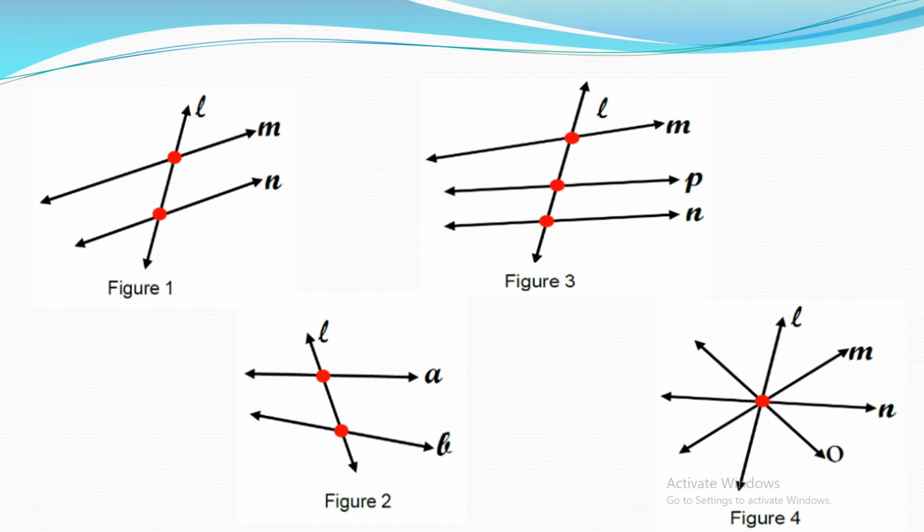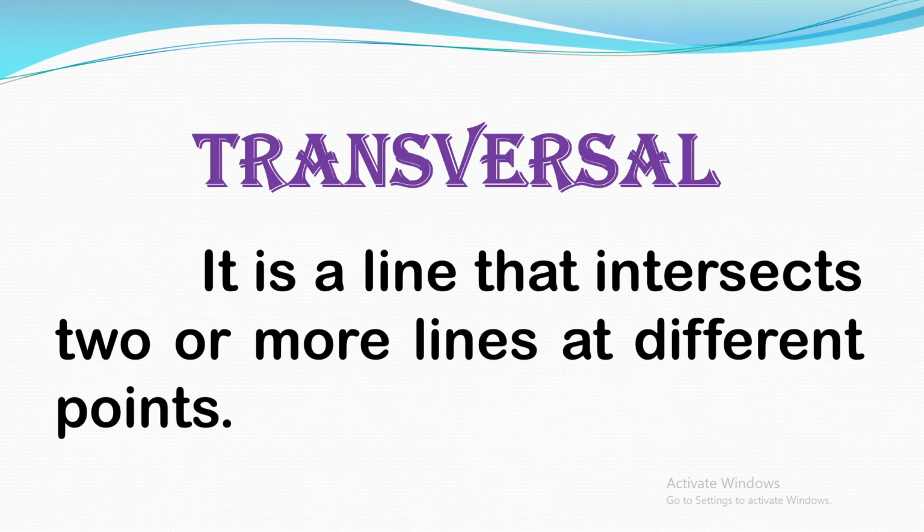Very good. It's not a transversal because it intersects the other 3 lines at exactly 1 point. So again, when we say transversal, it is a line that intersects 2 or more lines at different points. Take note of the word different.